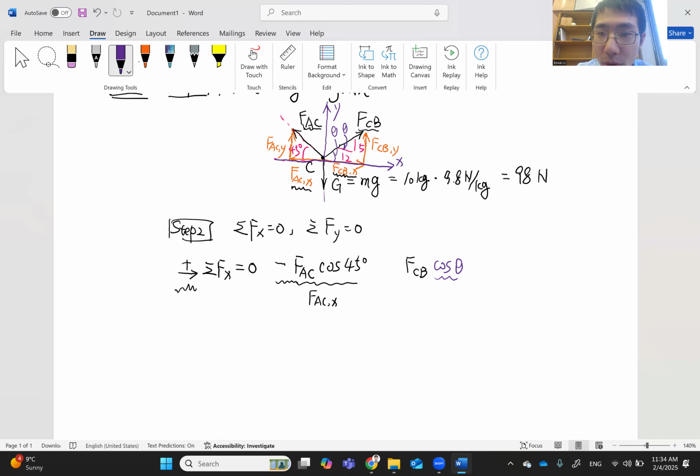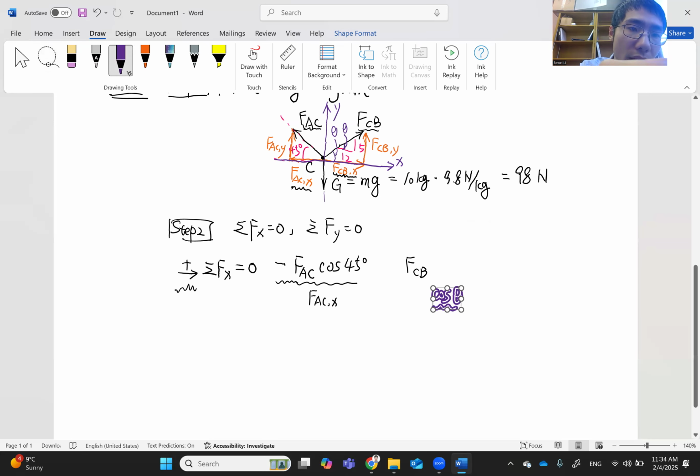And from the small triangle, can we evaluate the cosine theta here? We can, right? By definition, cosine theta is the ratio between the adjacent, 12, and the hypotenuse.